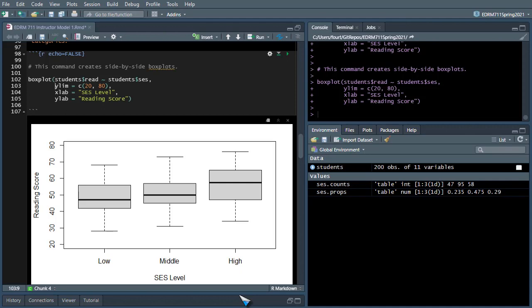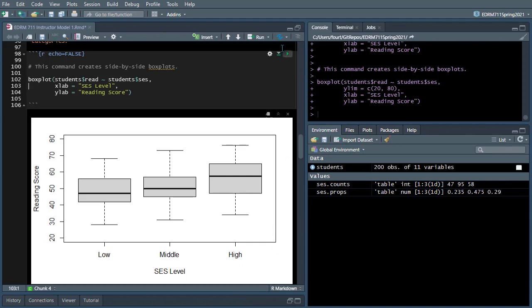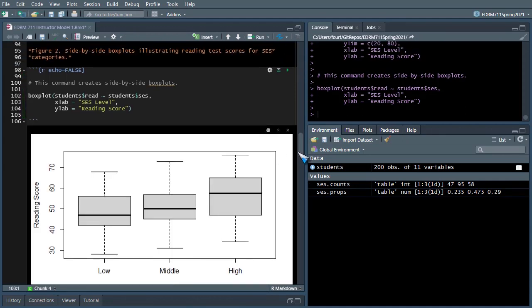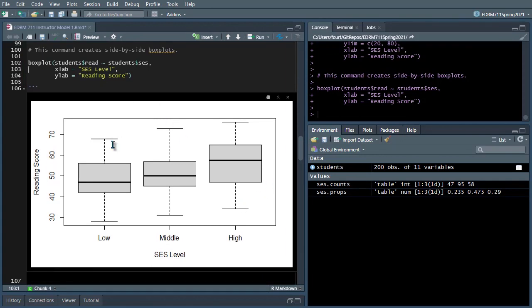If you don't do the limits exactly the way I like them, so in other words, if I like a little extra space but you don't, and so you don't put in this command, let's take it out again and look at it. Okay. So that your box plots actually look like this instead of exactly like mine.